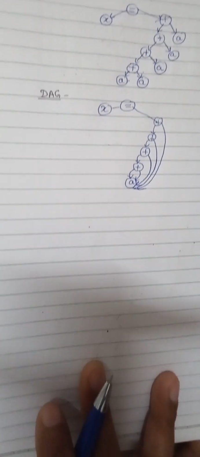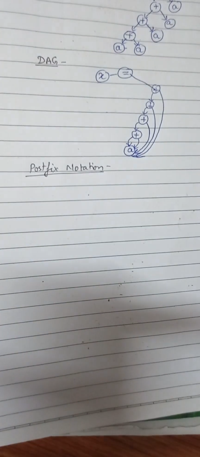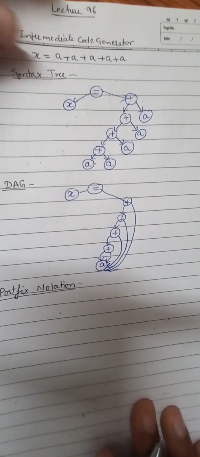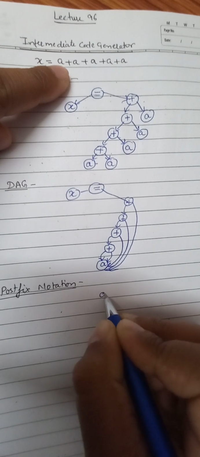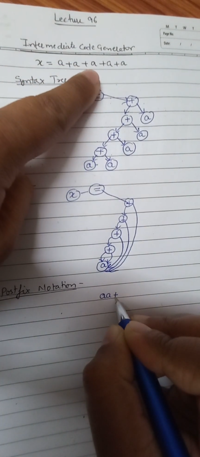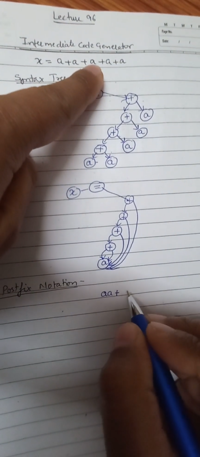So now come to the next, that is postfix notation. How will we write? For a plus a, what will we write? a a plus. Then next plus a, next plus a, we will write a plus.